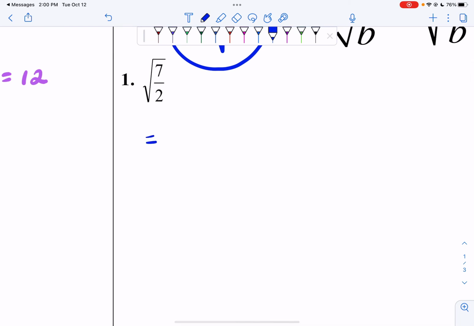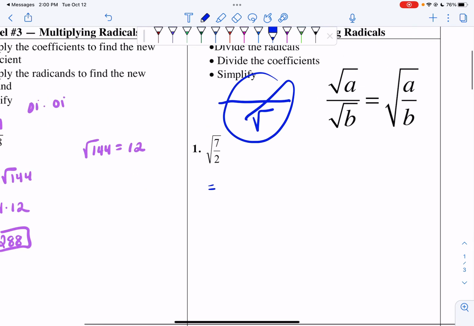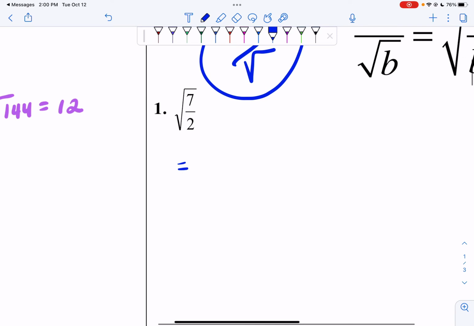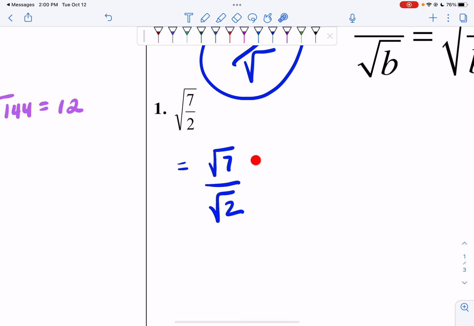This is the exact same thing as radical 7 over radical 2, so I can separate my radicals. Now, I don't like having a radical in my denominator, so I'm going to multiply my numerator and my denominator by radical 2.